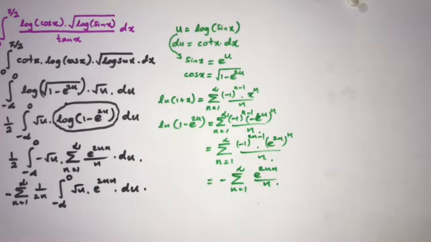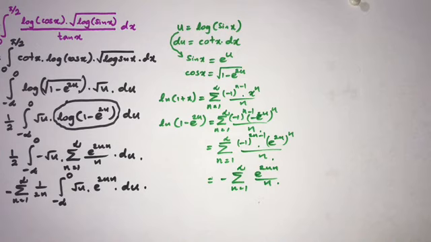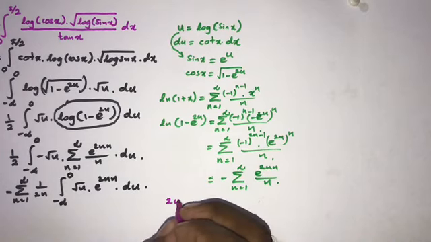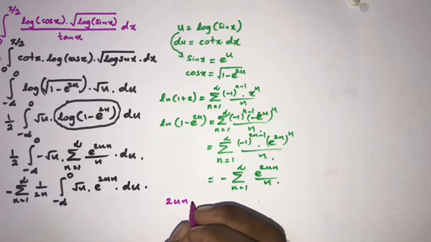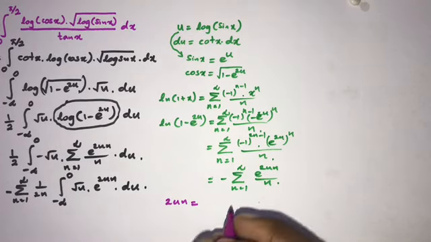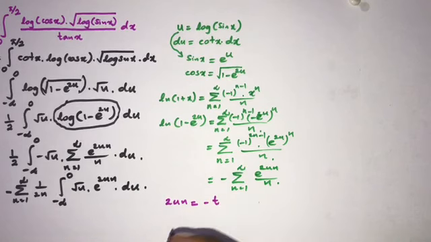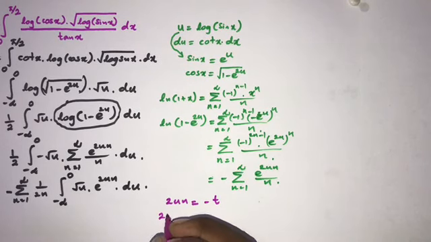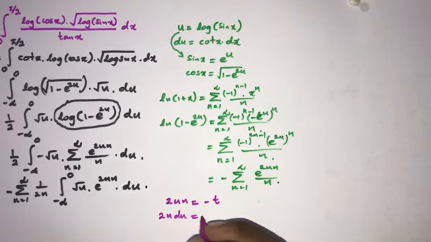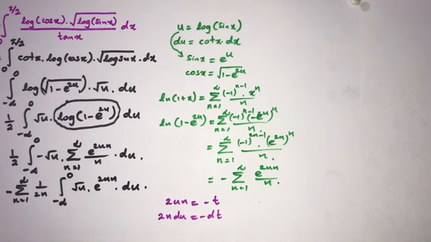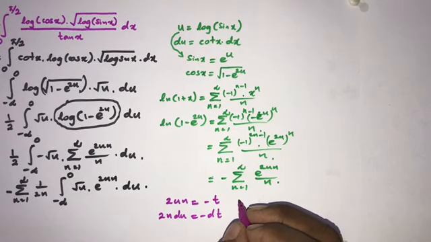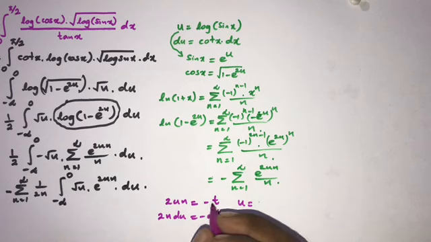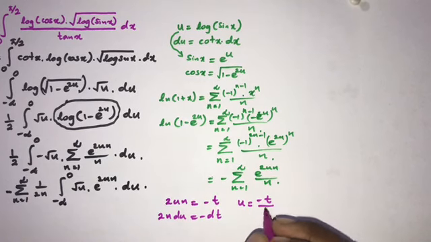Okay, now to evaluate this integral, again we can take a substitution. If we take 2 times u times n equal to minus t, then differentiate, so 2n du is equal to minus dt, and also we can isolate u, which is equal to minus t over 2n.